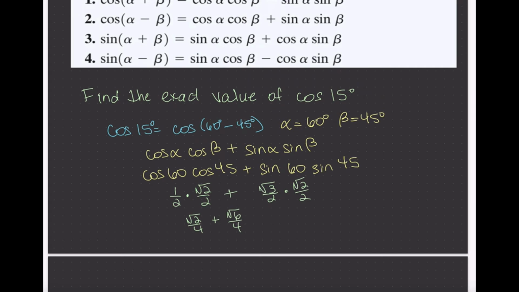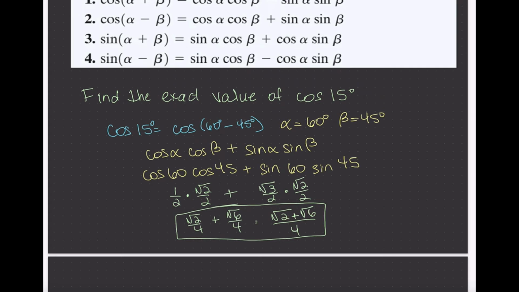So I can either leave it as two fractions like this, or I can write it as one fraction: the square root of 2 plus the square root of 6 all over 4. And of course we know that this cannot reduce, because these are radicals, so we can't simplify it any further.